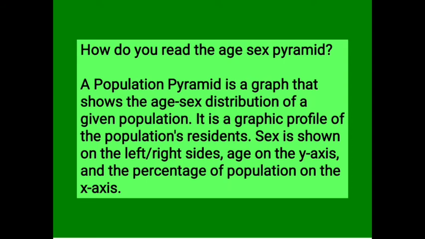How do you read the age-sex pyramid? A population pyramid is a graph that shows the age-sex distribution of a given population. It is a graph profile of the population's residents, meaning the people residing in that area. Sex is shown on the left-right side, age on the y-axis, and the percentage of population on the x-axis.